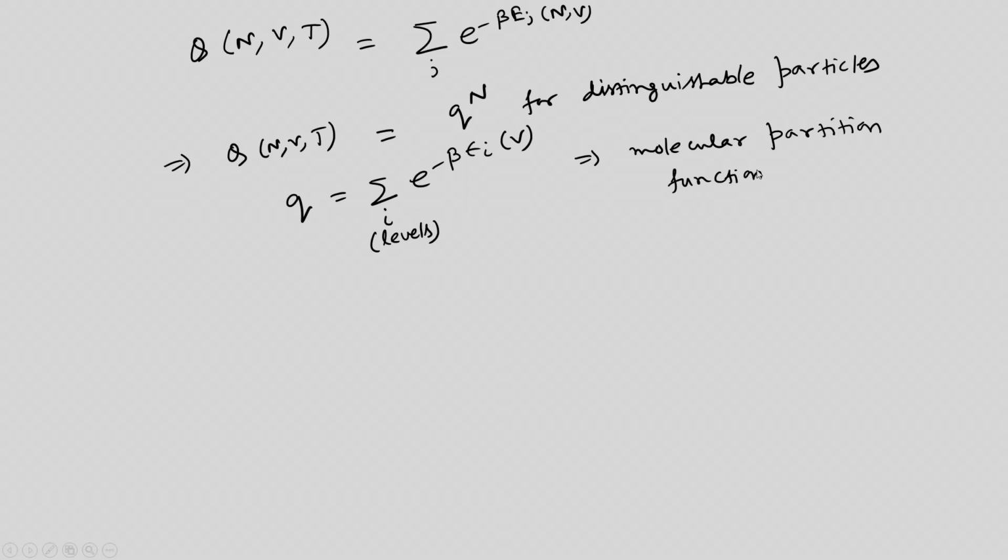So, what is our goal? Our goal is to calculate different thermodynamic properties. Okay. In order to do that, we need to calculate the partition function of N number of particles, or capital Q. To calculate capital Q, we need to calculate small q, because we decompose the N body problem into N number of single body problems.